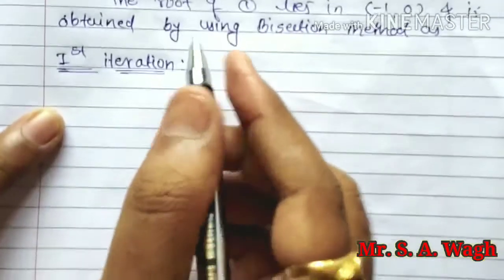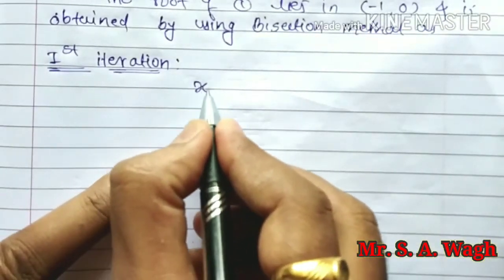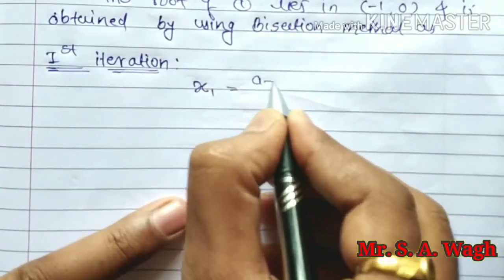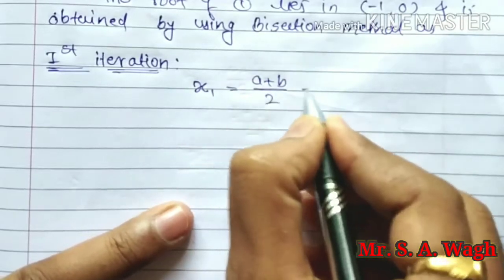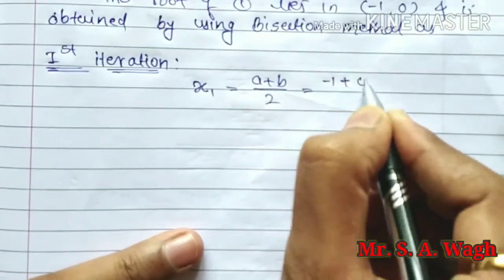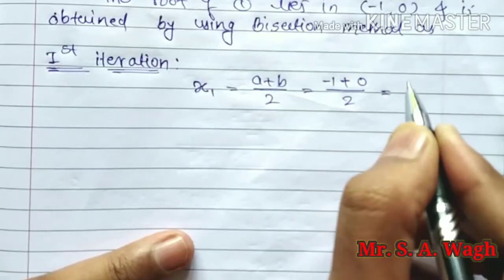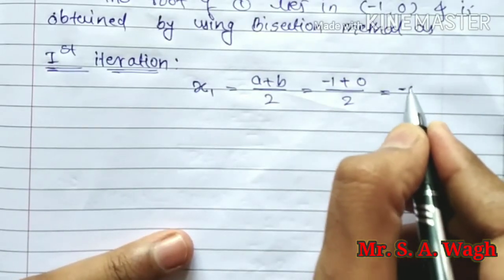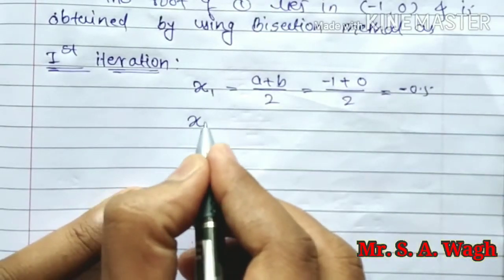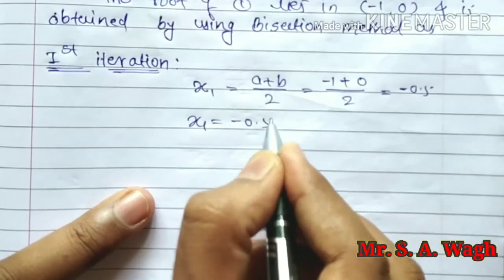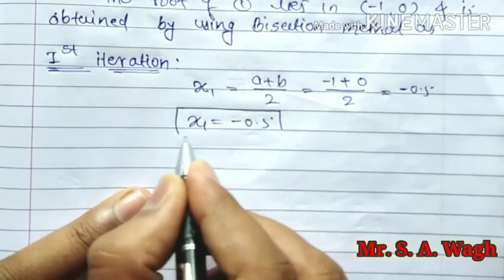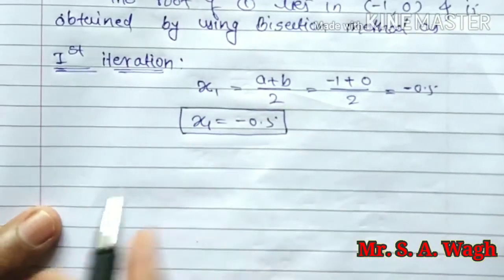We conclude that by the formula of the bisection method x1 is equal to a plus b upon 2. a is minus 1, b is 0, upon 2. So this is minus 1 upon 2, that is minus 0.5. So the value of x1 is minus 0.5. This completes your first iteration.